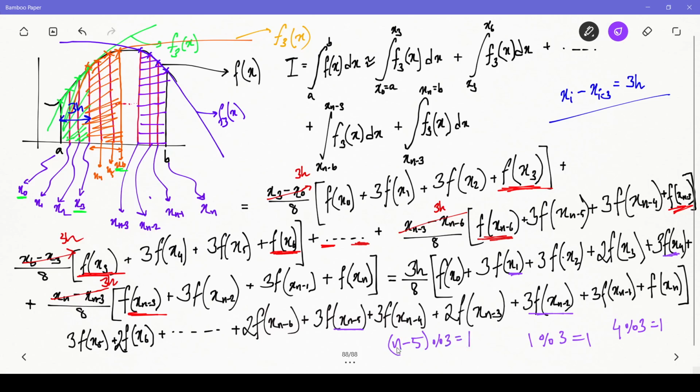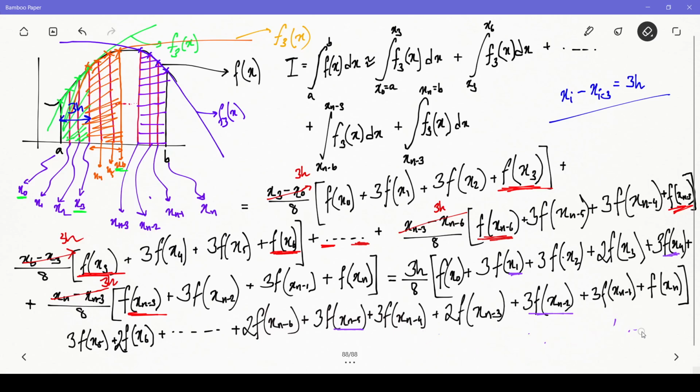So if we say the value of n is 12, 12 is divisible by 3 for sure, right? So 12 minus 5 is 7. 7 mod 3 is what, 1, right? If we divide 7 by 3, we are bound to get a remainder of 1, right? Fine. So that is one pattern that we have discovered.